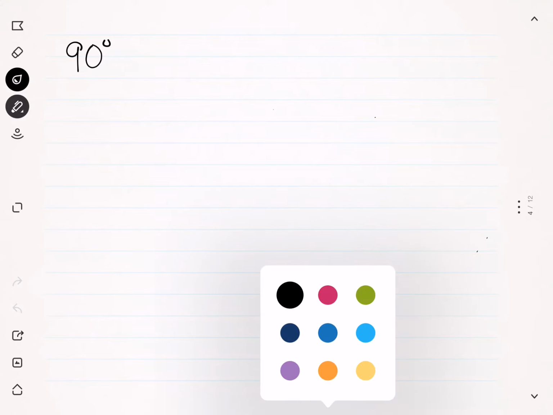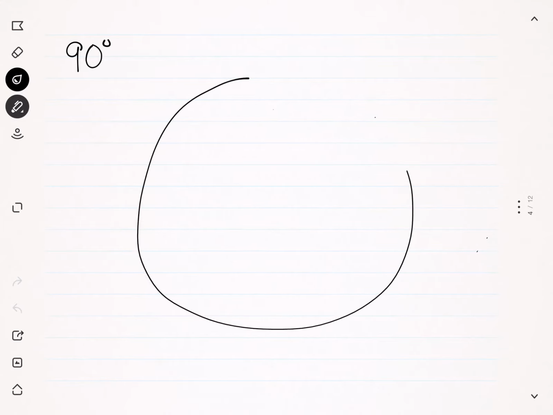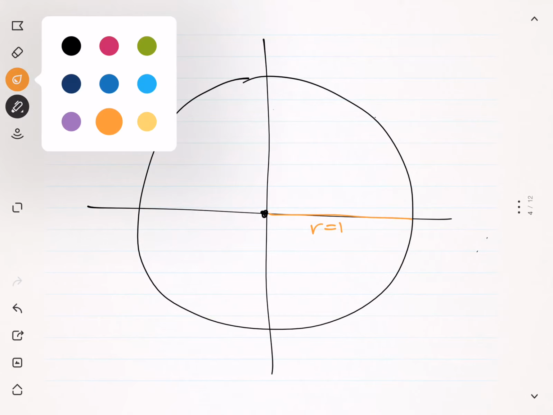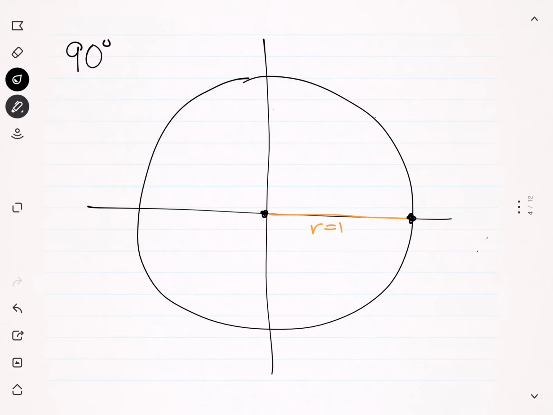Okay, so let's first start off by looking at 90 degrees. On my unit circle, I'm going to draw a unit circle here, and so we're centered at the origin here, and the radius is 1, okay? So if the radius is 1, that means that this point here on the x-axis would be the point 1, 0.